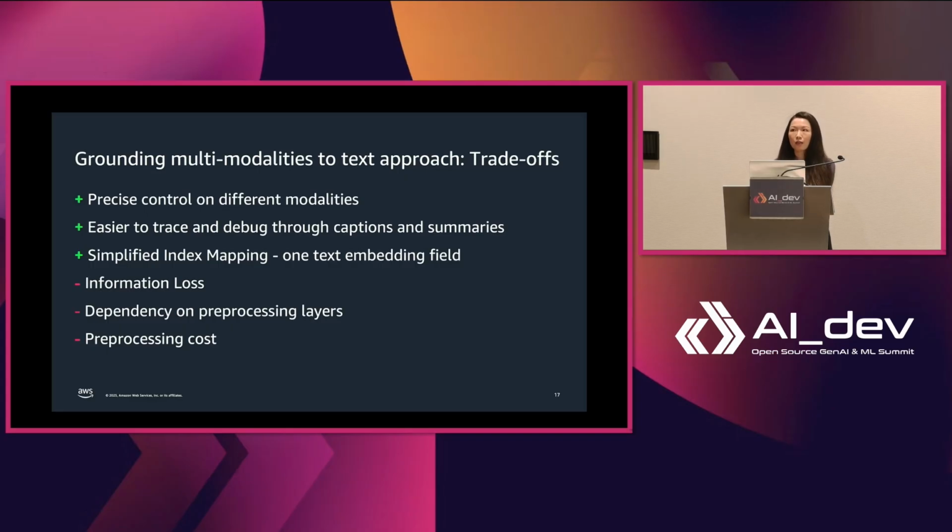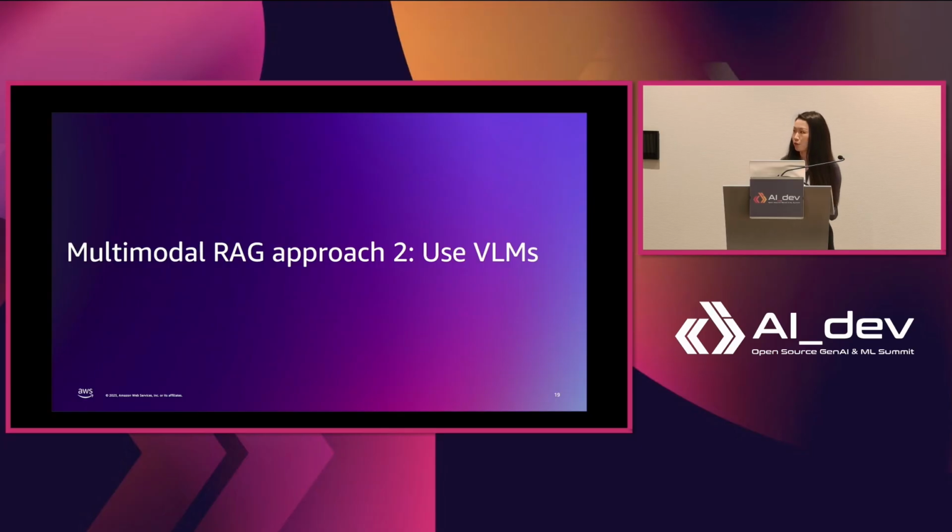And you also have to think about invoking multiple LLM calls. Pick your poison: some of them are pretty expensive if you are calling them multiple times. But if you're using open source and local LLMs, they are free. But you also have to think about the runtimes of multiple models, which depends on the models that you choose. So this is approach 1. And Praveen is going to talk more about approach 2, using a vision language model.